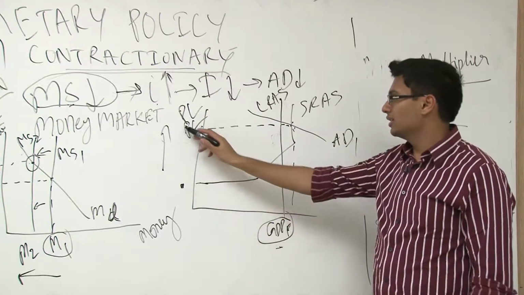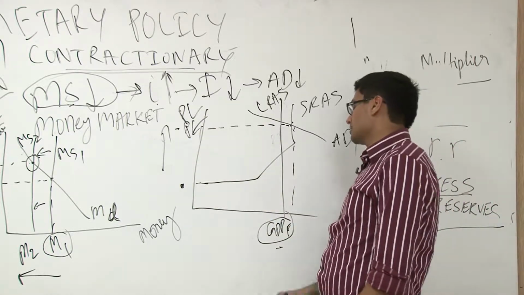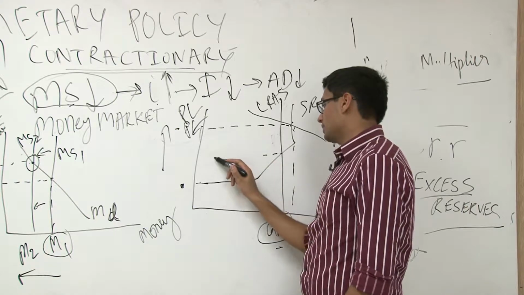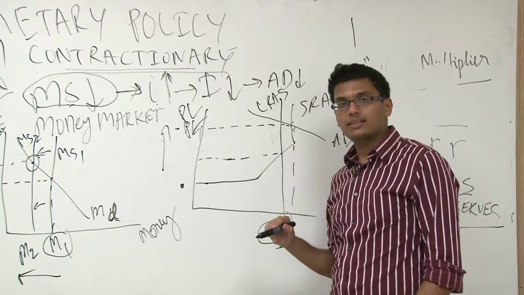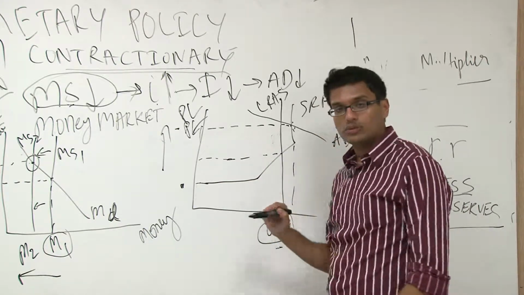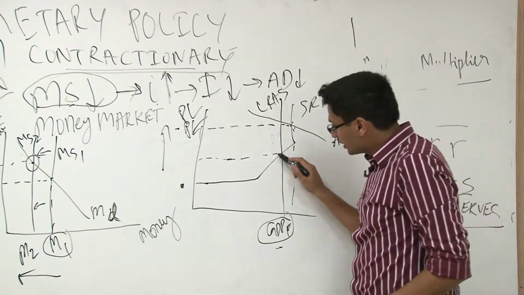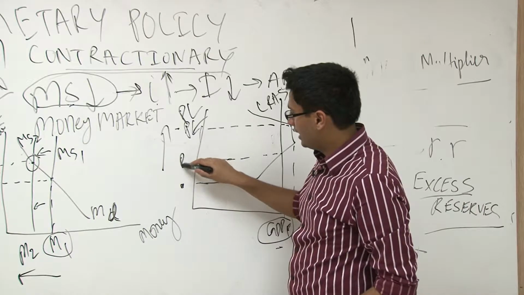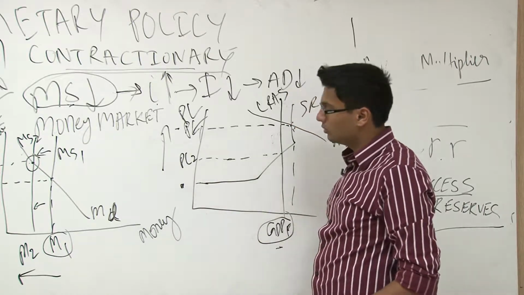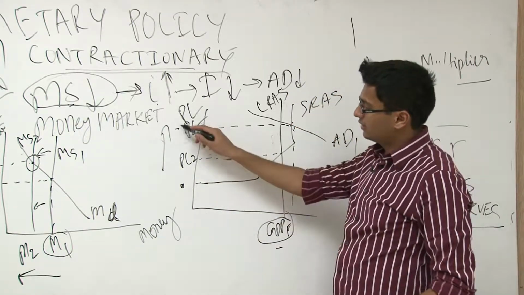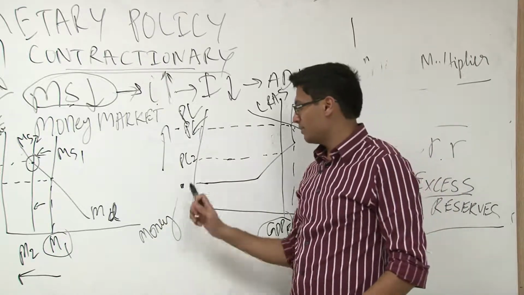That was a recession. This is also not good, because if you work at full employment, which we think is the natural rate of unemployment, and look at the price level over here, let's call this PL2, it's significantly lower, okay?